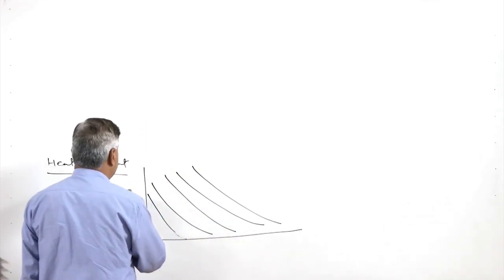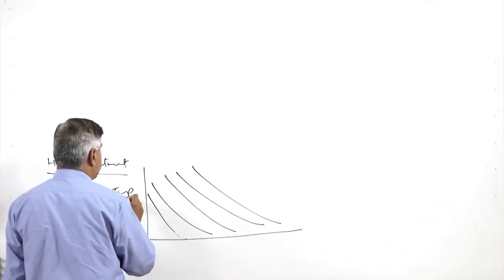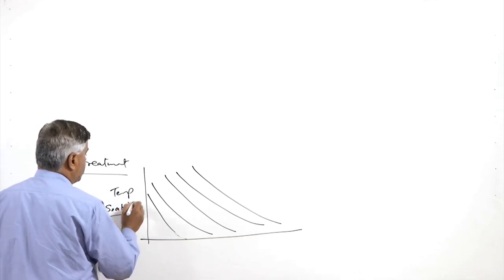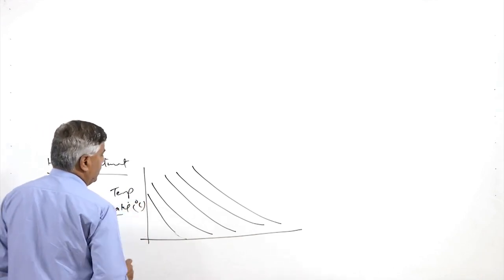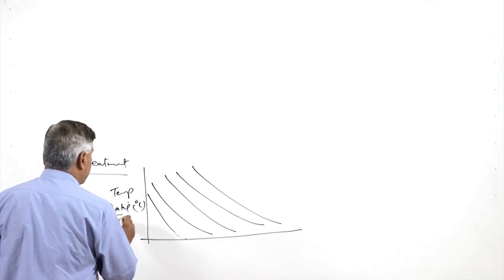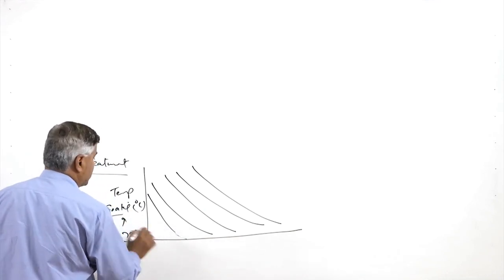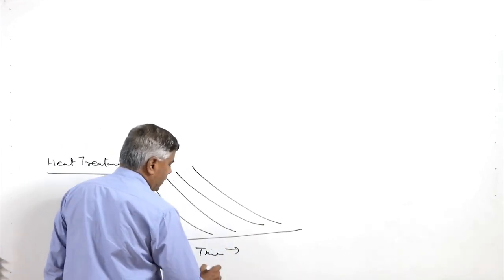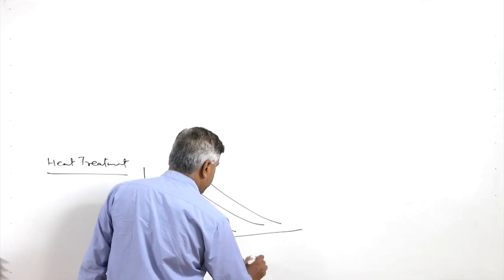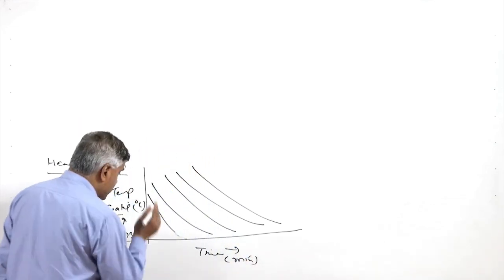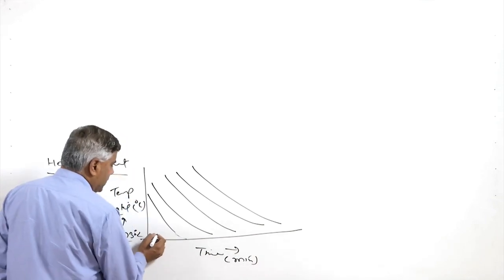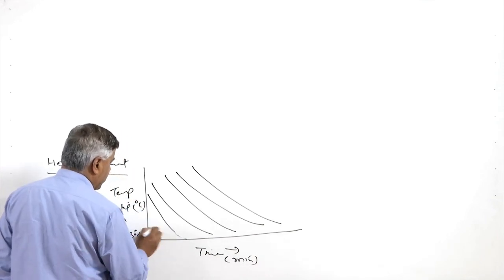This is a schematic diagram. In the y axis we have temperature of soaking being used in degree centigrade, say it is greater than 730 degree centigrade, and in the x axis we have the time scale, maybe in minutes. So, say at room temperature, when it has not decomposed initially, what will it be having?